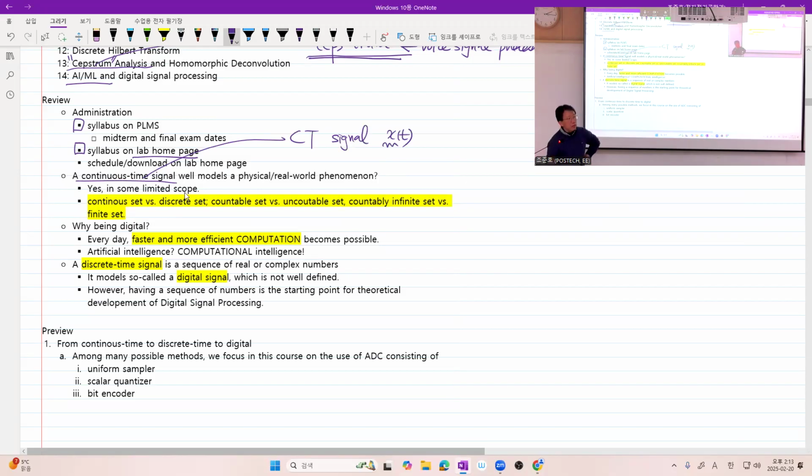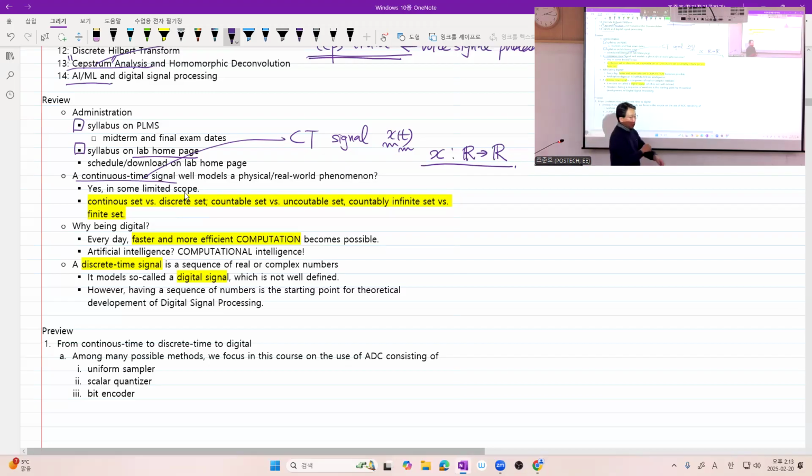The signal's name is x, its argument, the time index, is any number in the real set, and the value at a specific time instant is a real number. So this is a mathematical model of a continuous time signal.